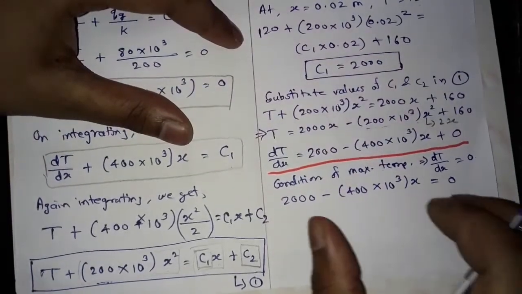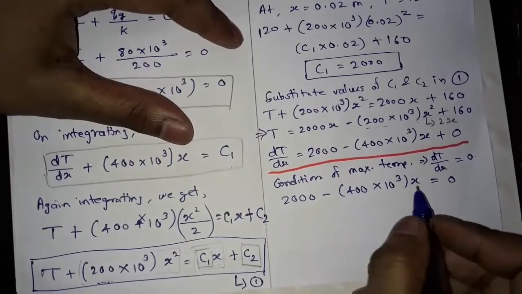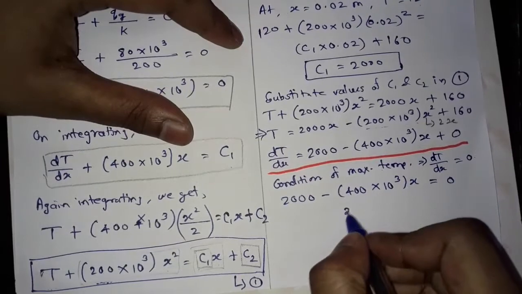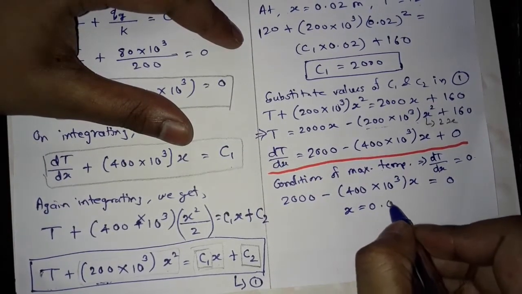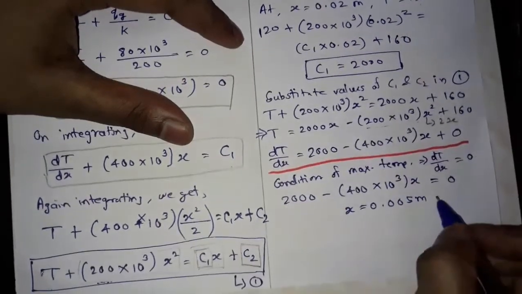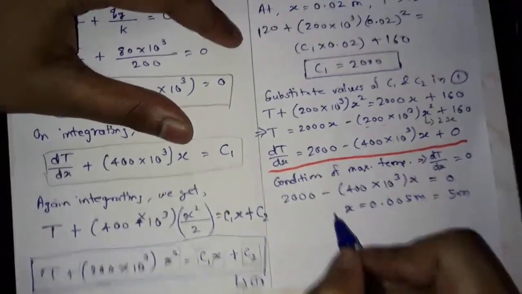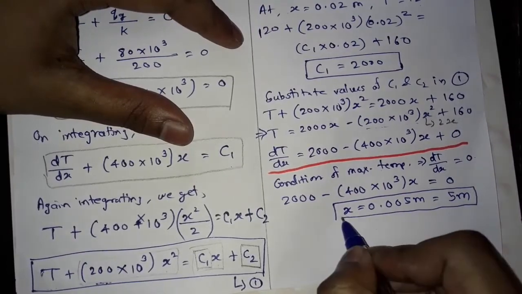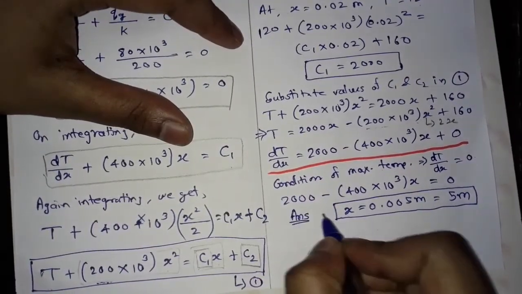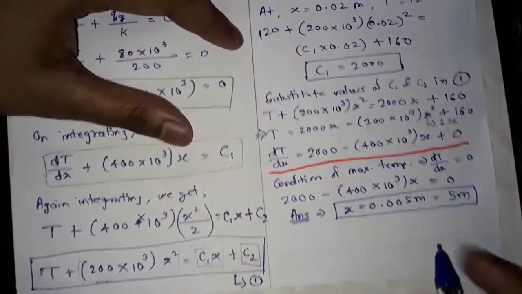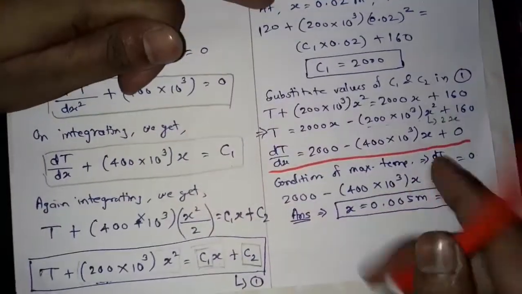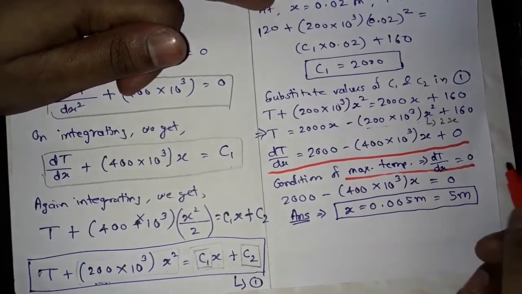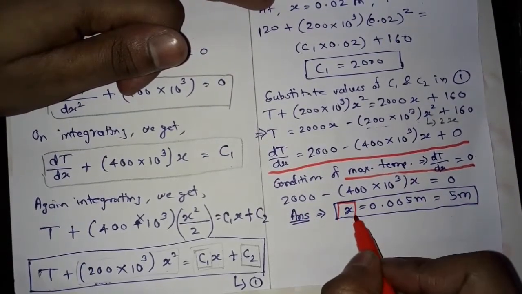After solving, friends, we will get x is equal to 0.005 meter, which is equal to 5 mm. So friends, this is our answer for the location of maximum temperature, as we have applied the maximum temperature condition.